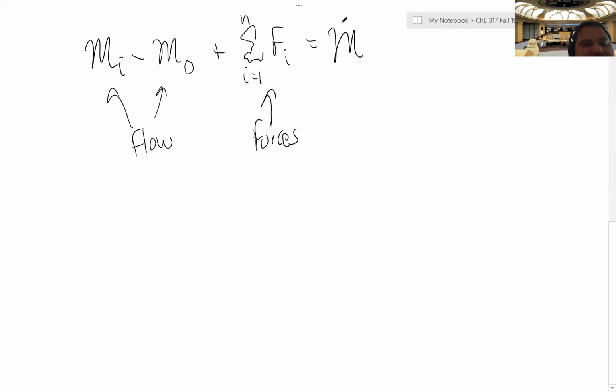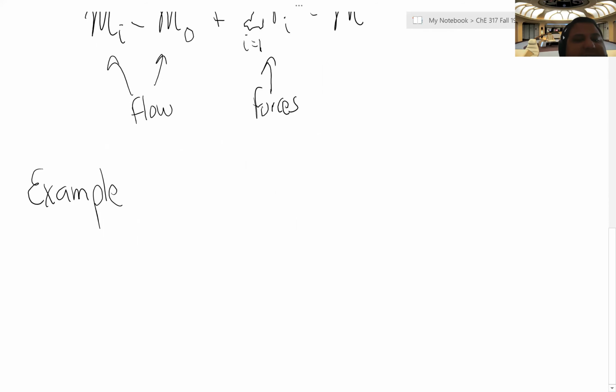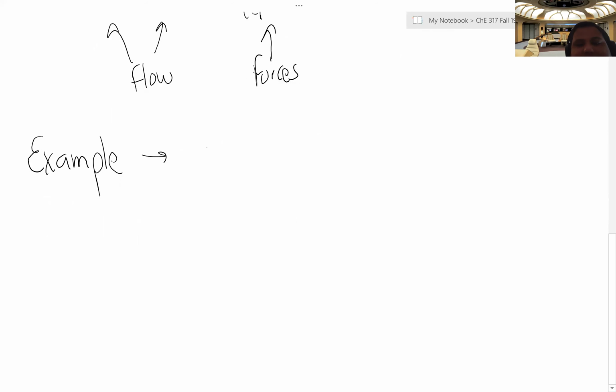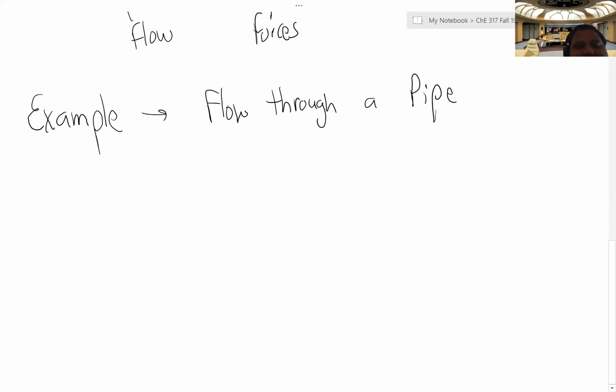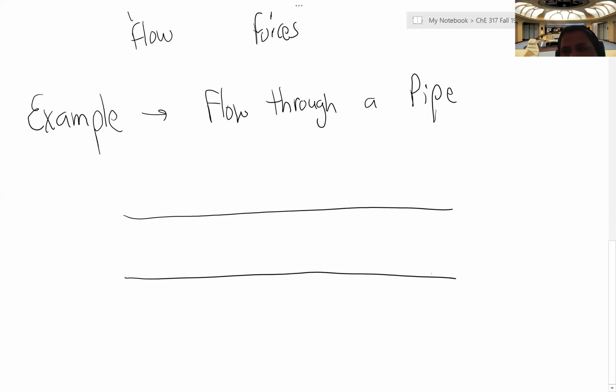So let's look at an example of how we can analyze a system in terms of momentum balance. So this is flow through a pipe. If I have flow through a pipe, then assuming this is my flow direction, I can state that I have some pressure at the inlet and some pressure acting on the outlet.